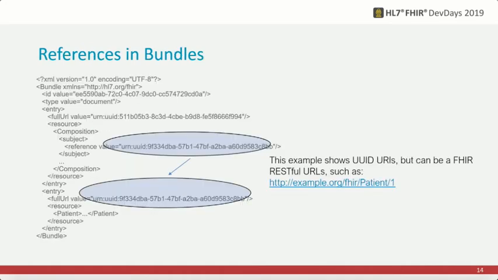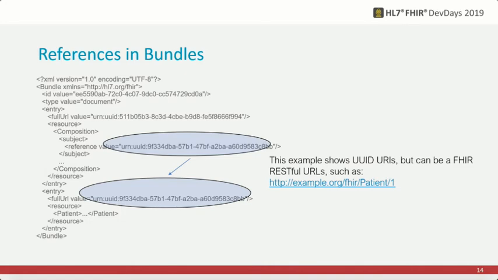So, referencing in bundles. When you've got a bundle, you've got a series of entries in there, and that previous graphic I had just had arrows for the references, but this is the actual mechanism that you would use. You would have, for instance, a subject in the composition with a reference in it, and that will then contain a URI, Uniform Resource Identifier. And that URI can be in a variety of formats.